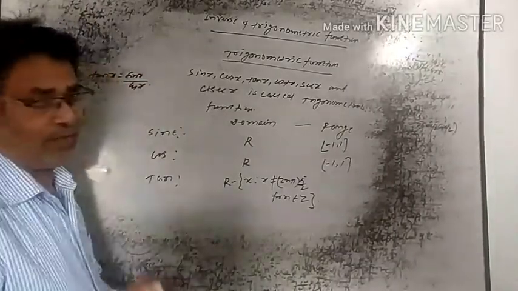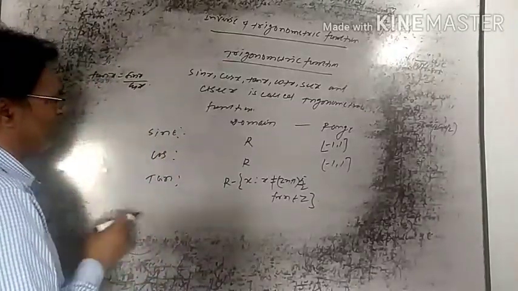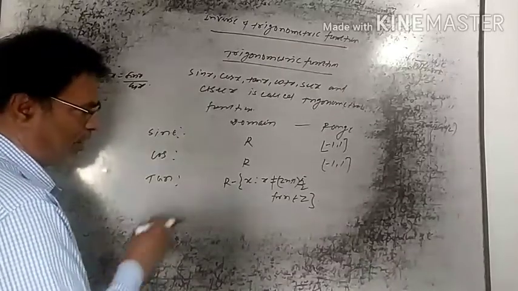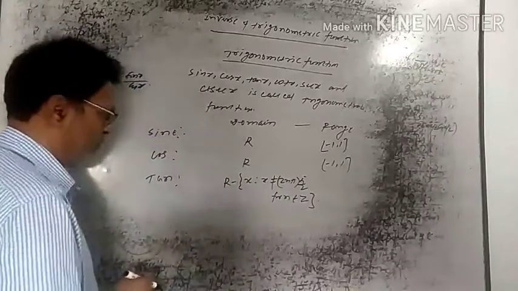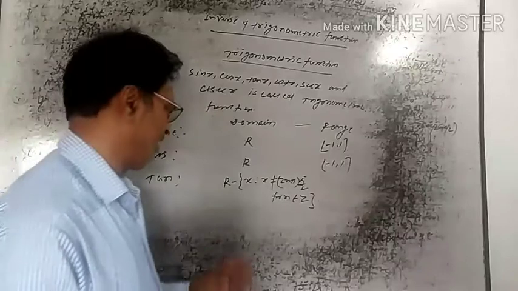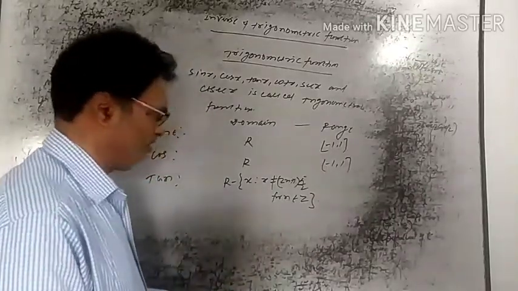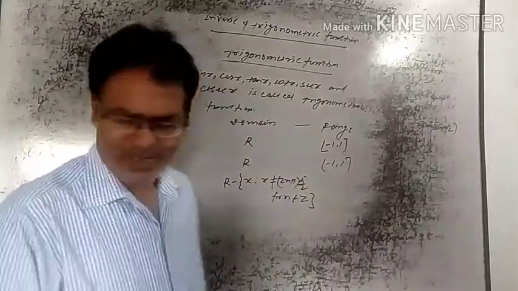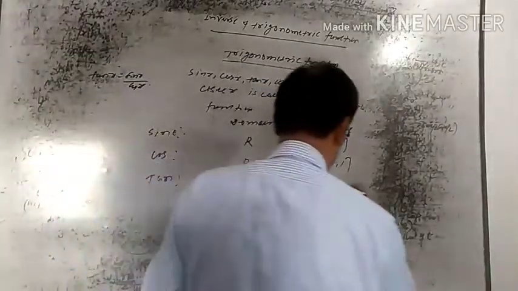So tan x is not defined when cos x is equal to 0, and by general value, if cos x is equal to 0, then x is equal to (2n plus 1) pi by 2. Therefore the domain of tan function is all real numbers excluding x equal to (2n plus 1) pi by 2, and the range of tan function is R, the set of real numbers.